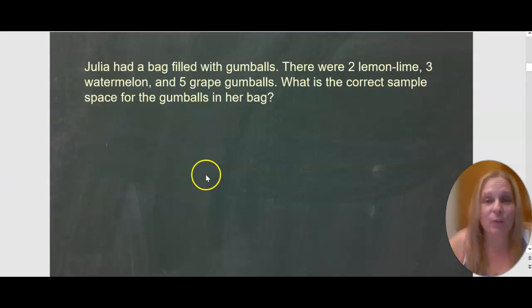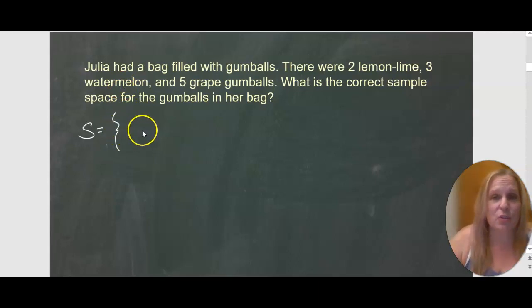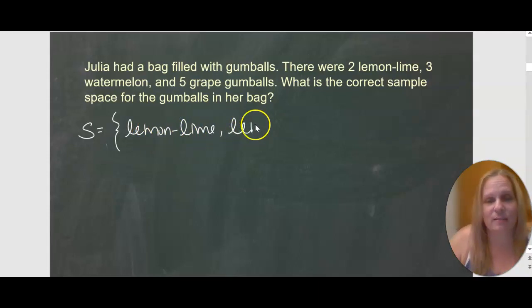Julia had a bag filled with gumballs. There were 2 lemon lime, 3 watermelon, and 5 grape. What's the correct sample space for the gumballs in her bag? Now, this is interesting because we have duplicates this time. So when you have duplicates, you have to list them as many times as they appear. So if there's 2 lemon lime, I'm going to write lemon lime twice.